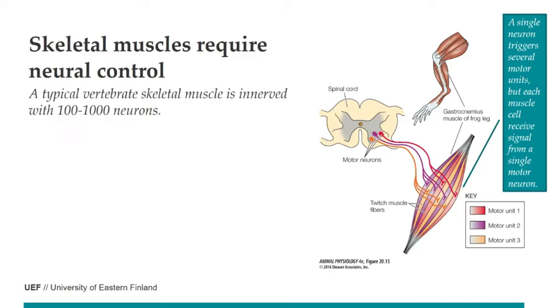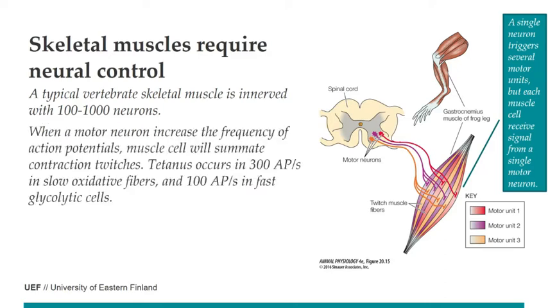And in a typical skeletal muscle, there are maybe 100 or 1,000 neurons that are controlling it. If you have less frequent action potentials, there will be only twitches. But if you increase the frequency, these twitches form a summation of the force, because there is calcium inside the cell all the time, and then you can get more power.